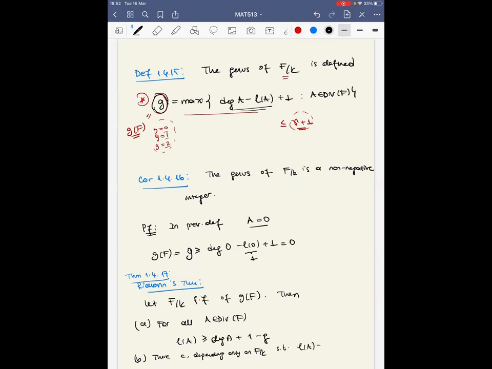Then instead of inequality, we are able to get equality in this statement if the degree of the divisor is in some sense sufficiently large.